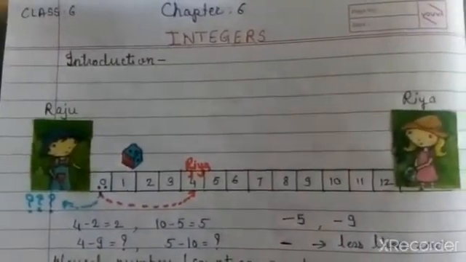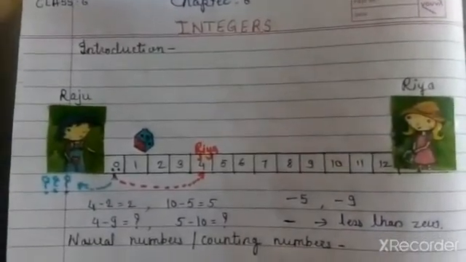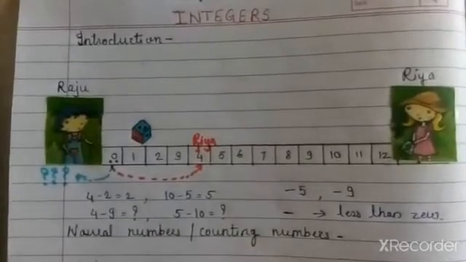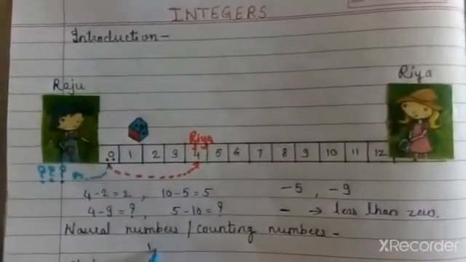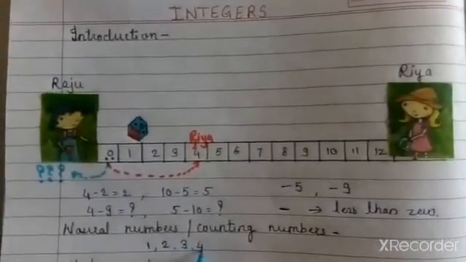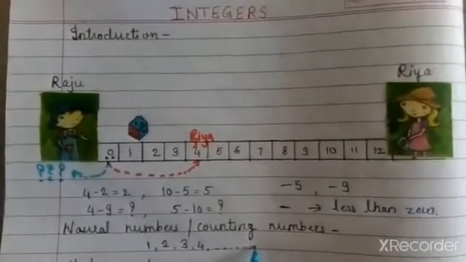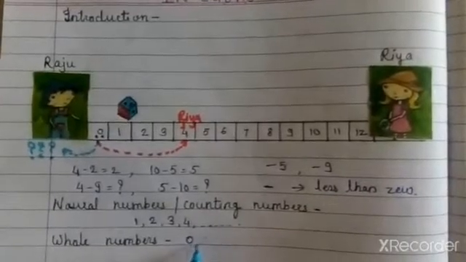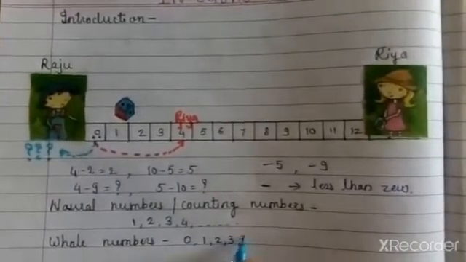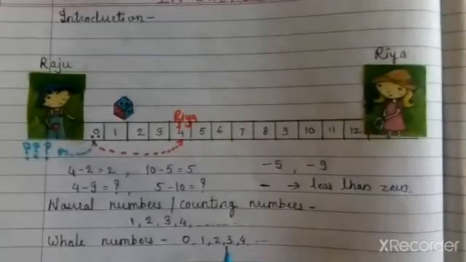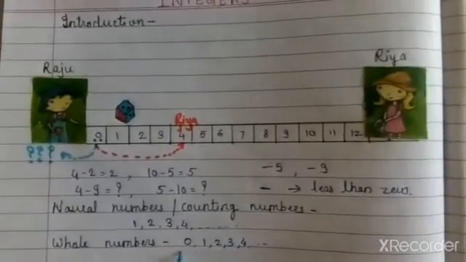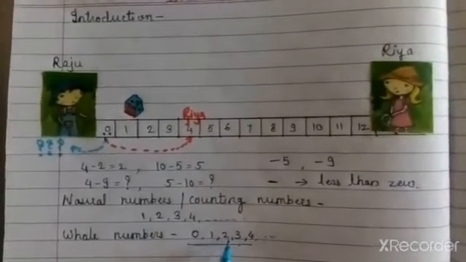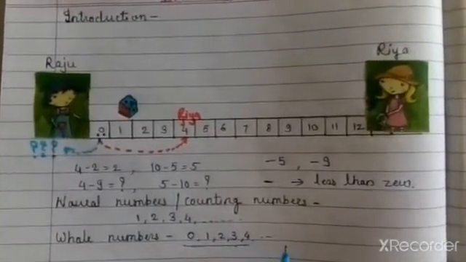Now, do you know what natural numbers are? The first numbers to be discovered were natural numbers, that is 1, 2, 3, 4 and so on. If we include 0 in the natural numbers, then a new collection is formed and these are called whole numbers: 0, 1, 2, 3, 4 and so on.